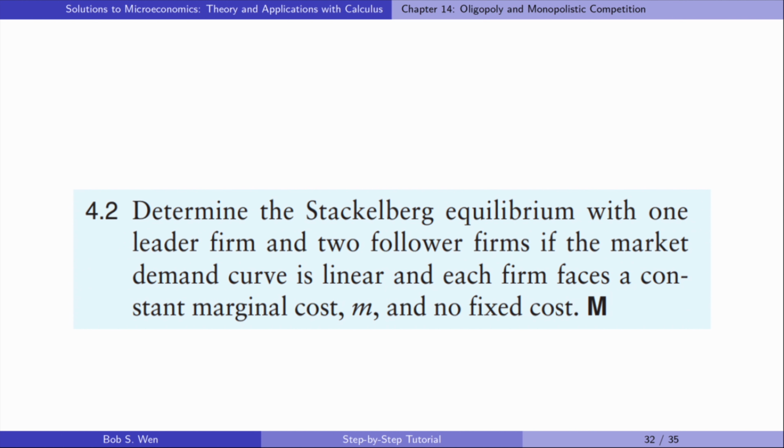In the first step, we derive Stackelberg followers' best response function. There are 3 firms in the market. Firm 2's residual demand and inverse residual demand are as follows.